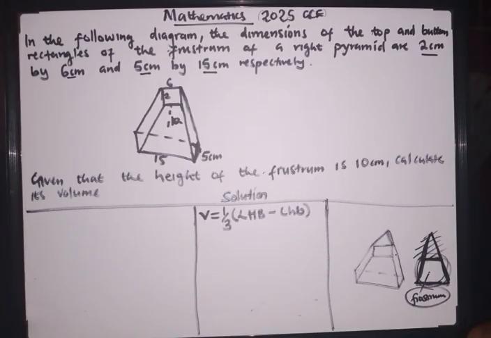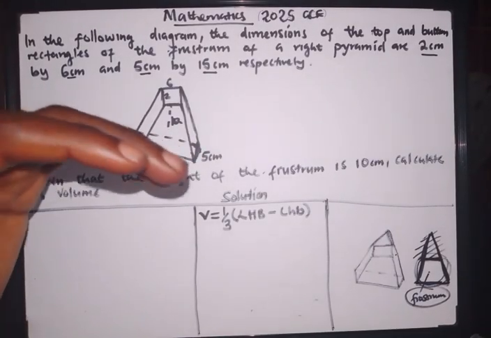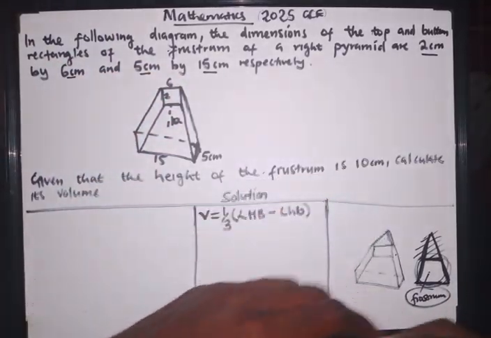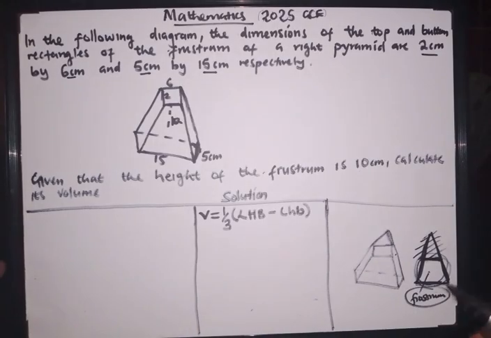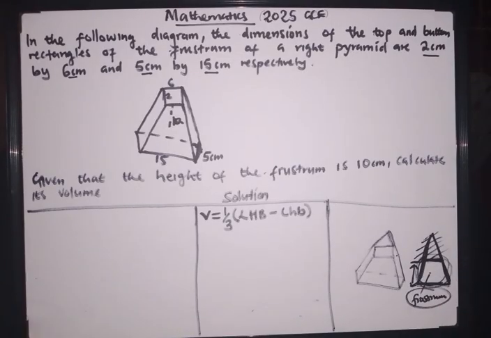Here you need to be careful when you are calculating the volume, because this height you have been given is from here up to here. This is not the height for the bigger pyramid. This is not the height for the entire pyramid.